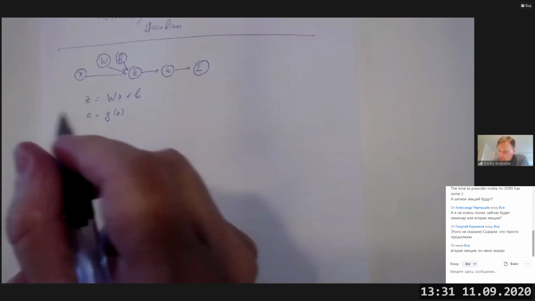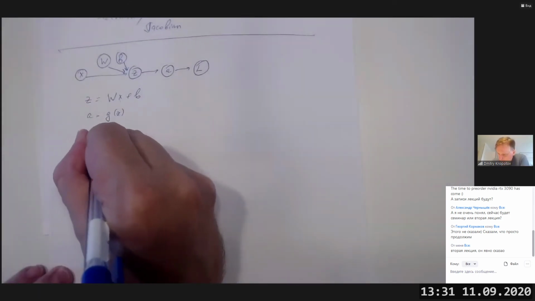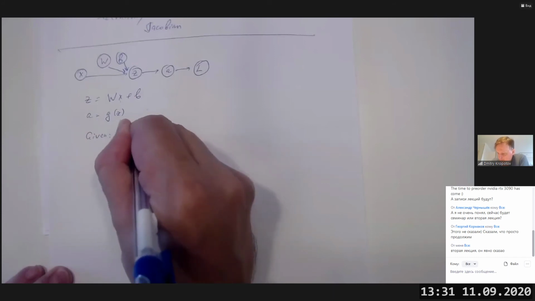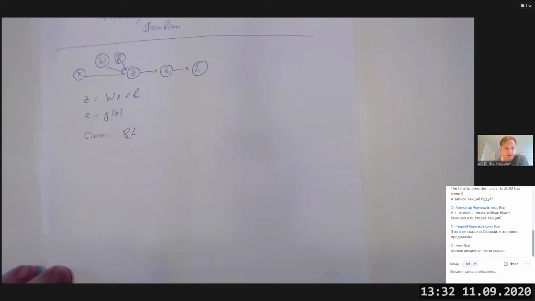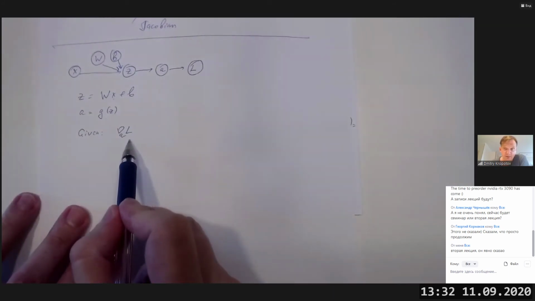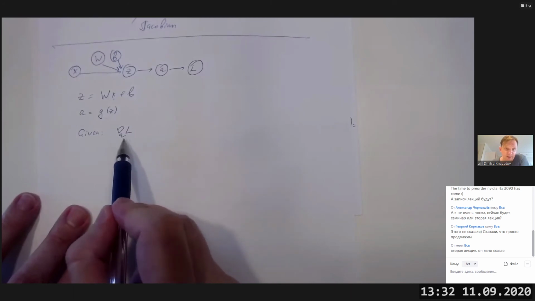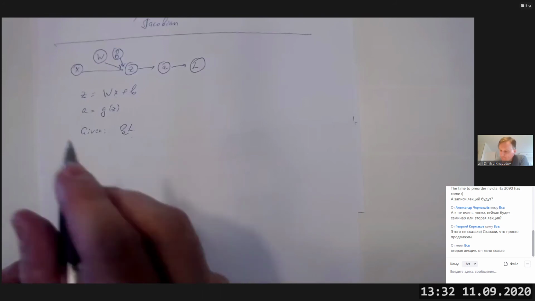And we calculate, okay, given the gradient of L with respect to A. Now this is just a vector, because L is a scalar and A is a vector.